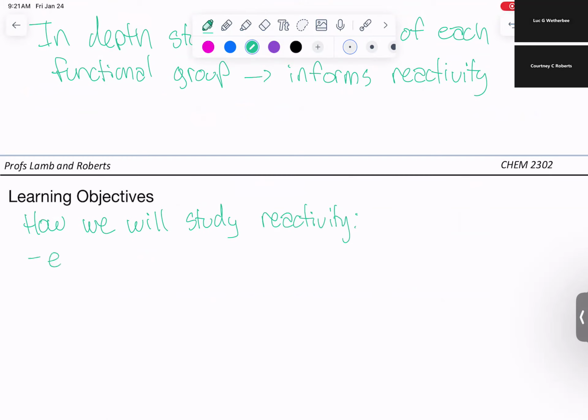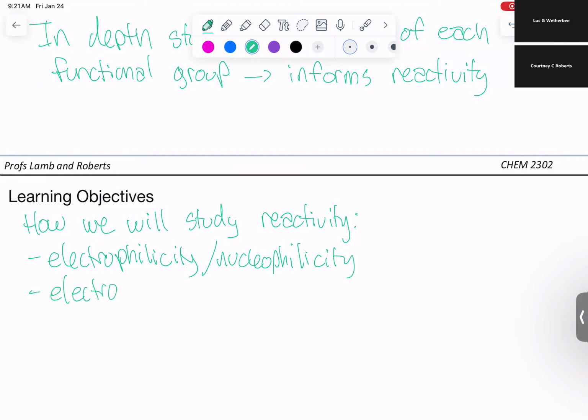Right, so electrophilicity, nucleophilicity. All right, we also talked about already electronegativity. These are all sort of interrelated, right? So those are the 2 things that we've talked about.